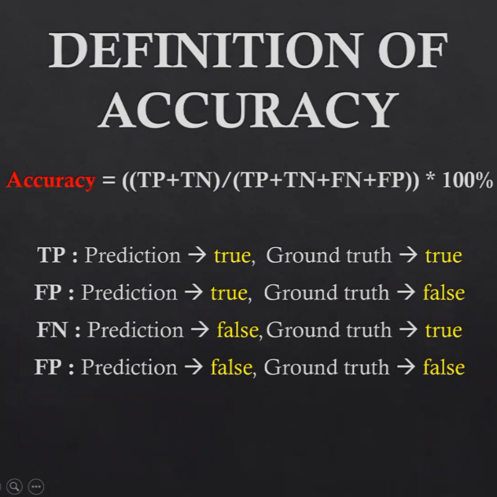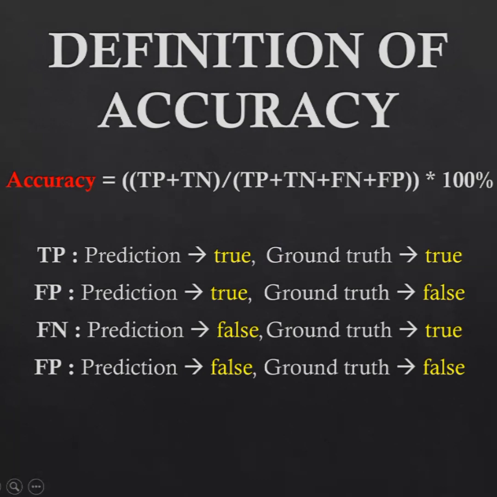FN means the prediction is false and the ground truth is true, then the image is a false negative. And TN is when the prediction is false and the ground truth is false, then the image is a false positive. A high accuracy means that the MRI images have been classified correctly and hence the CAD algorithm is good.